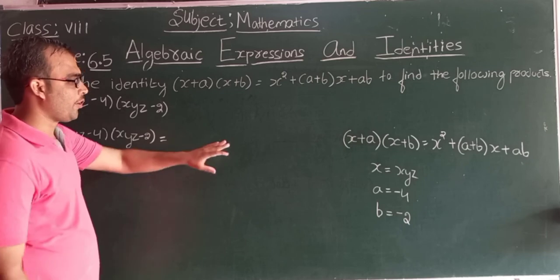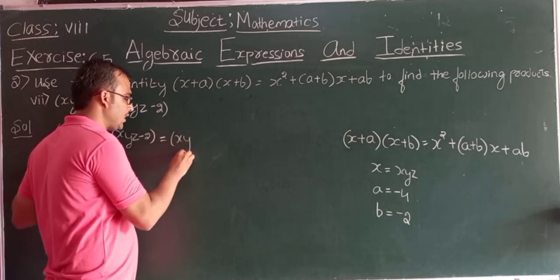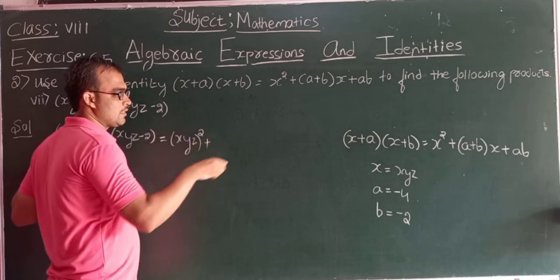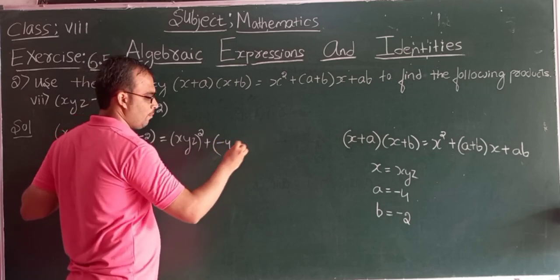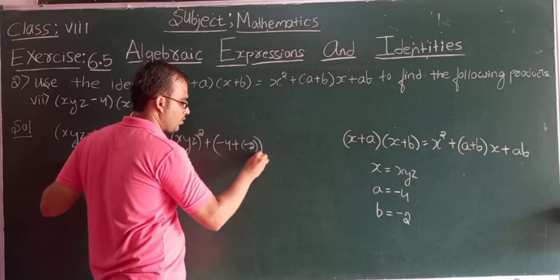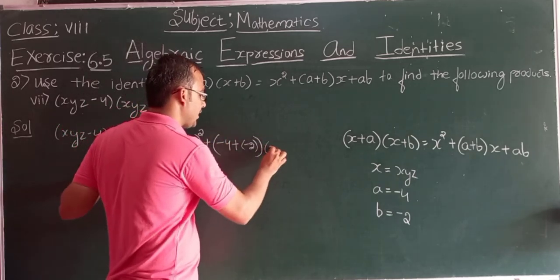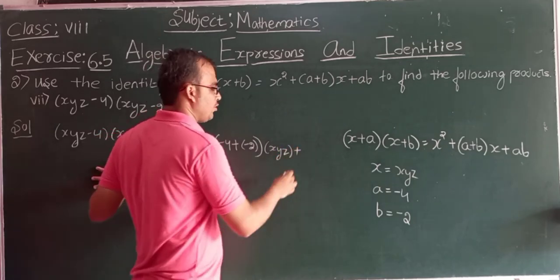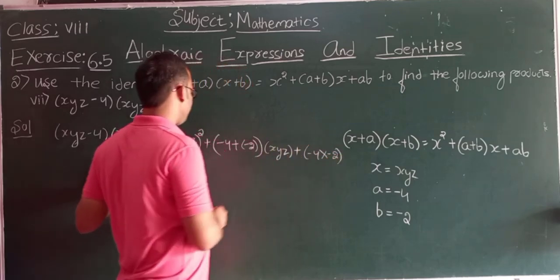Now according to the formula, x square. x means xyz. x square means xyz whole square plus bracket a plus b. a is what? Minus 4 plus, and what is b? Minus 2, bracket close, into x. What is x? xyz, plus a into b, that is minus 4 into minus 2.